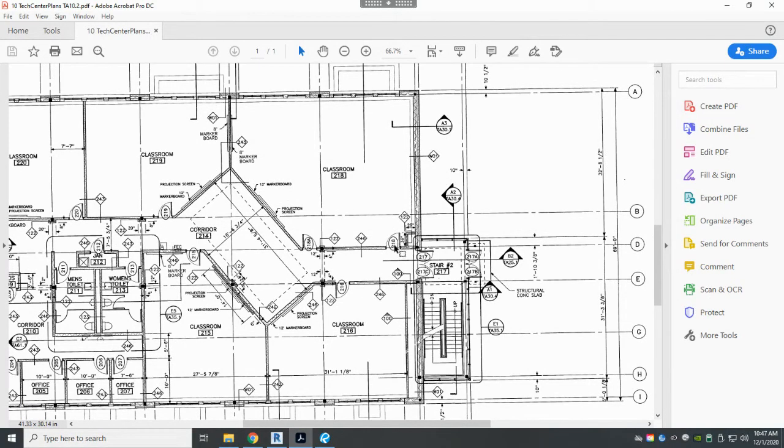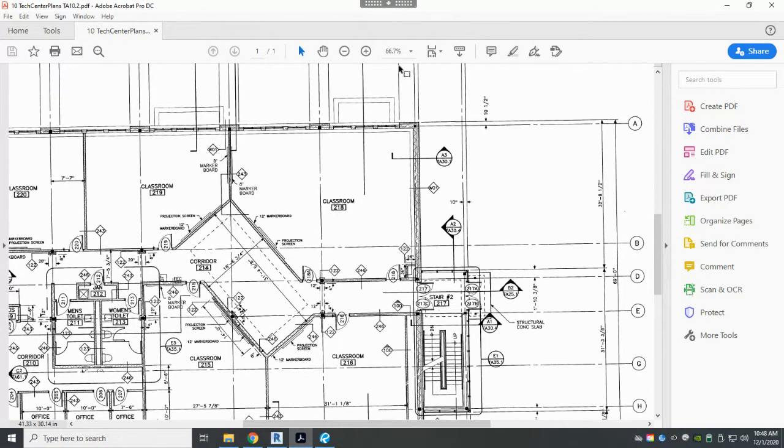So that door placement, I'm restricted on where I could put that door along that wall based off of which direction that diagonal bracing is going. On the second floor, it's going to be in the opposite direction. So our diagonal bracing needs to be able to clear that door again on the second floor.